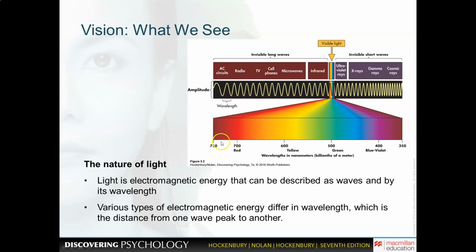As you can see, this red right here is 750 to 700, but when we get into yellow, it's around 600, et cetera. So the different rates of speed of the waves cause us to perceive different colors. That's how we perceive different colors.